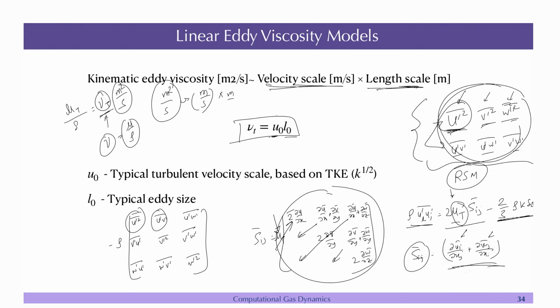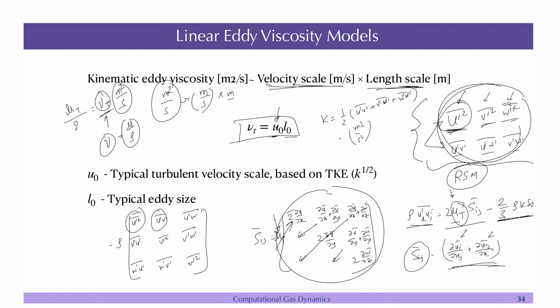Now, for u 0, the velocity scale, one thing that we can think of is how do you get a velocity scale, something which represents the turbulence, right. So, we know that my turbulence kinetic energy k is equal to half of u prime squared bar plus v prime squared bar plus w prime squared bar, right. So, what is the unit of this? This is meter square per second square, right.